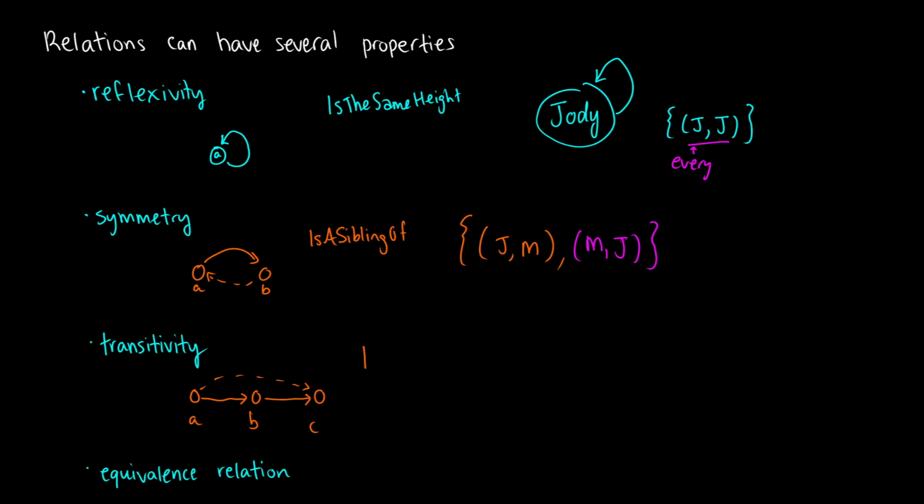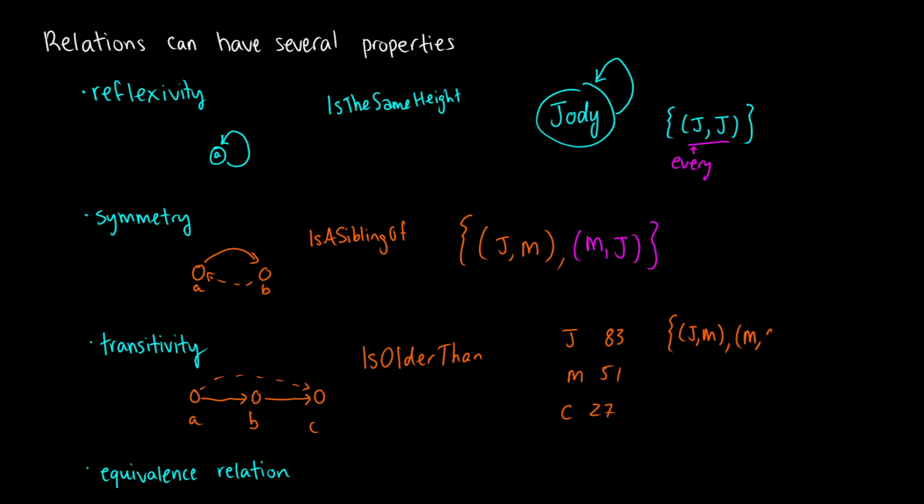So I like to think of this as a relationship like is older than. So let's say we have three people here. We have Jody, we have Mark, and we have Carol. I think Mike has changed his name to Mark. That's okay. Jody is 83. Mike or Mark is 51, and Carol is 27. So we know in our relation here for older than that Jody is older than Mark.